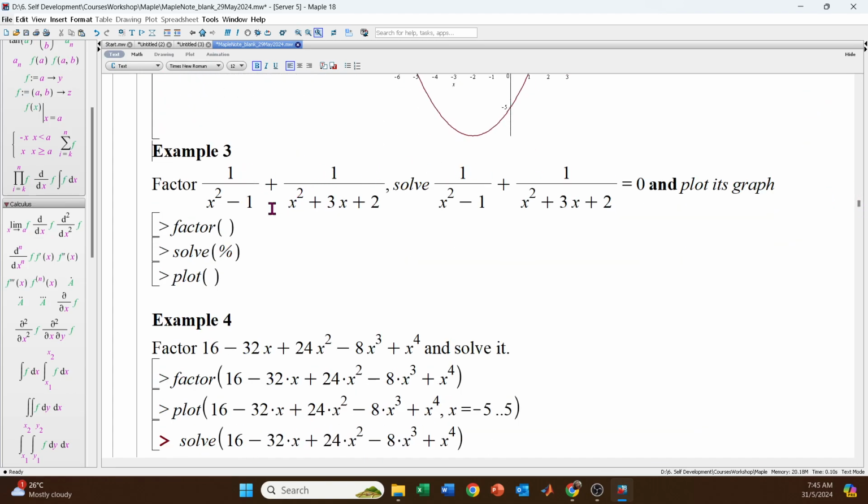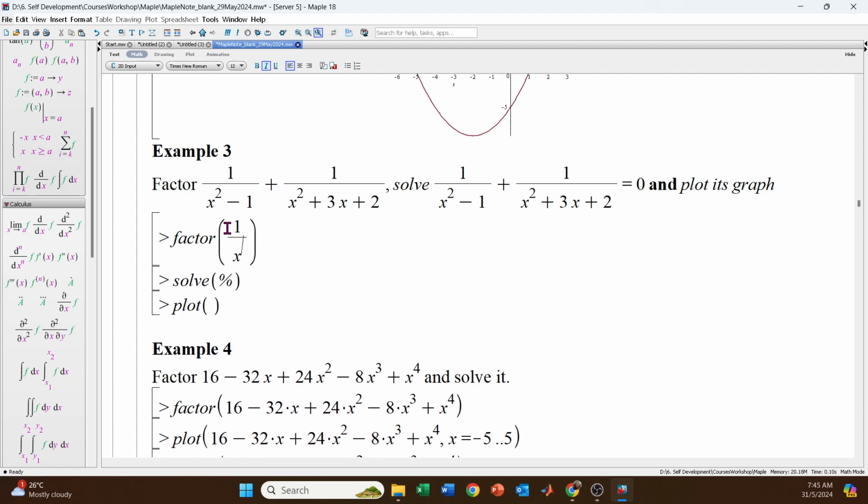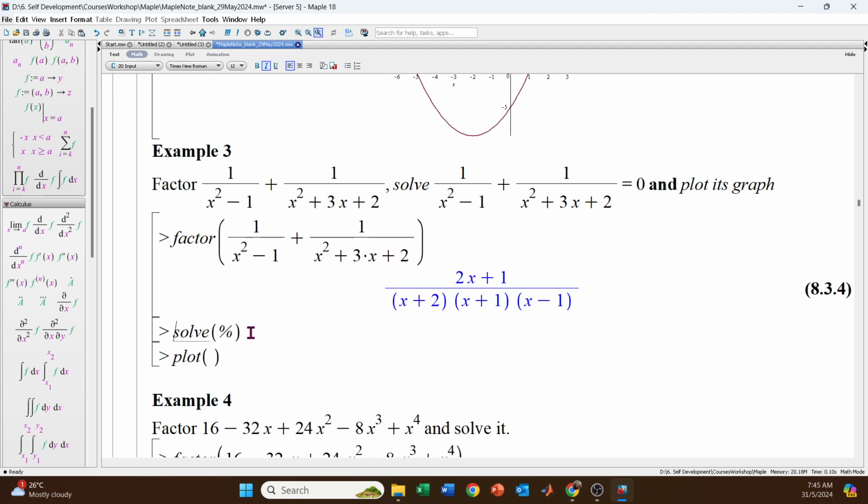So factor this thing. 1 divide, left minus 1, left plus 1 divide x power 6, and then plus 3 times x plus 2. So factor this thing. Then I solve percent. I will solve to find the root.